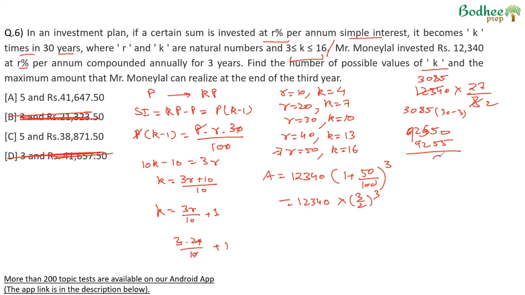This becomes 83295. So 3085 into 27 is 83295, upon 2, which will be 41647.5. So option A becomes the answer.